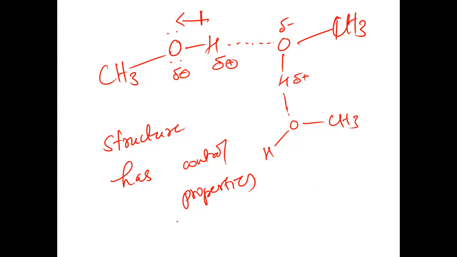If you know the structure of your compound, you can predict the property. You can predict physical as well as chemical properties. How is hydrogen bonding controlling physical properties? For example, why is the bonding different?